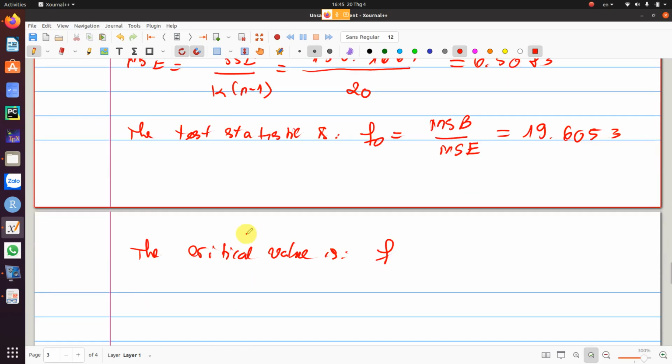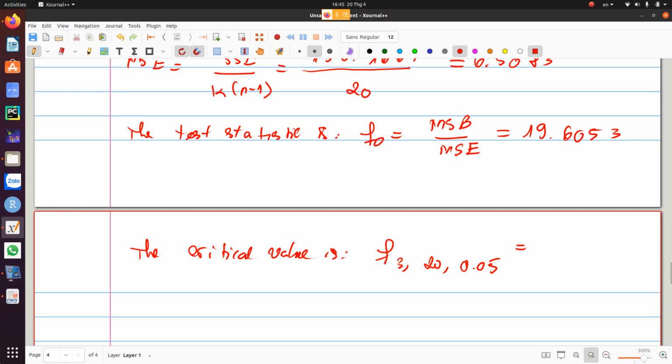So we write 3, 20, and alpha is 0.05. To get this upper quantile, we need the table of the Fisher distribution.